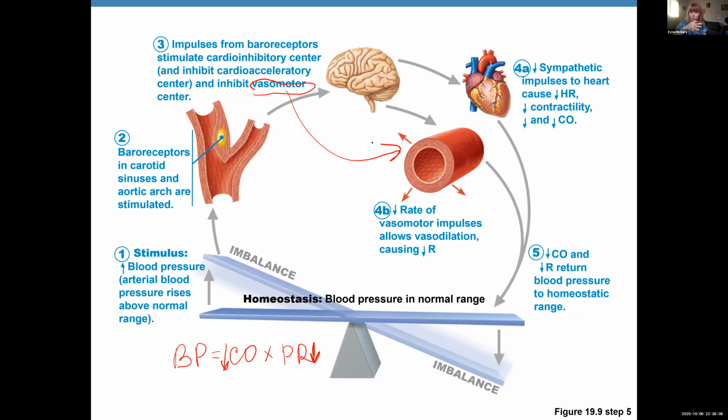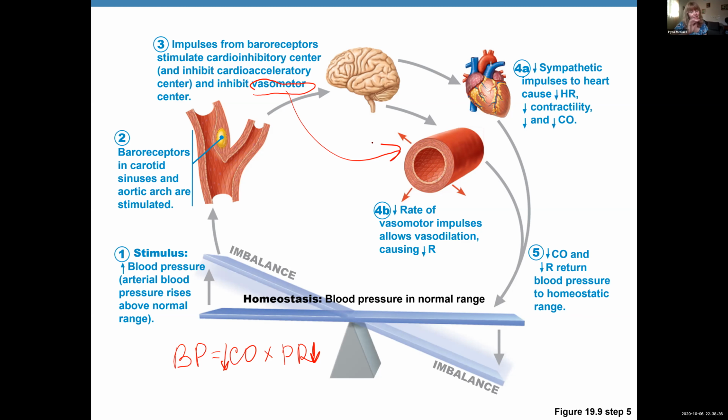Cardio-inhibitory is going to inhibit your heart, cardio-excitatory is going to excite your heart. Because your blood pressure is already high, you want to stimulate the cardio-inhibitory center, so we will decrease heart rate, contractility, and so on. So you stimulate cardio-inhibitory and you inhibit cardio-acceleratory, right?